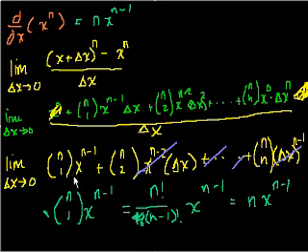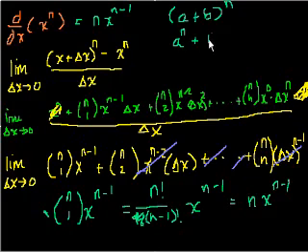Oh, and another thing I wanted to point out is, I said that we had to know the binomial theorem, but if you think about it, we really didn't have to. You would have to know a little bit, but with a little experimentation, you would realize that whenever you expand a plus b to the nth power, the first term is going to be a to the n, and the second term is going to be plus n a to the n minus 1 b.